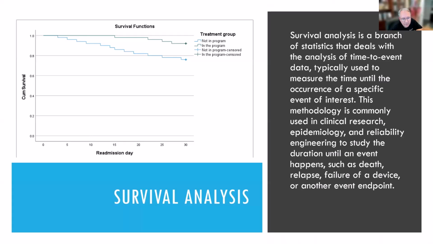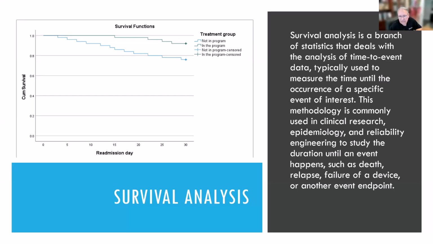And then the final thing, you may see what are called survival analyses. Survival analysis is a branch of statistics that deals with the analysis of time to event data. So in an RCT, you may have a survival curve. It's typically used to measure the time until the occurrence of a specific event of interest.